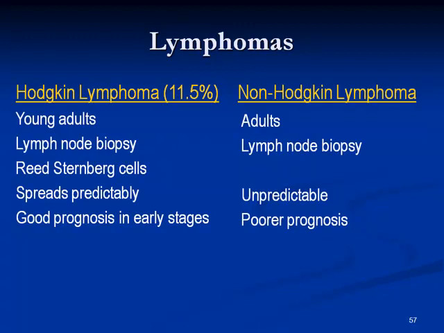You can read this as well as I can. The big thing to think about with Hodgkin's lymphoma is those Reed-Sternberg cells. They're the cells present in that form of lymphoma that identify it as Hodgkin's disease. And Hodgkin's lymphoma tends to have a better prognosis than other types of lymphoma.